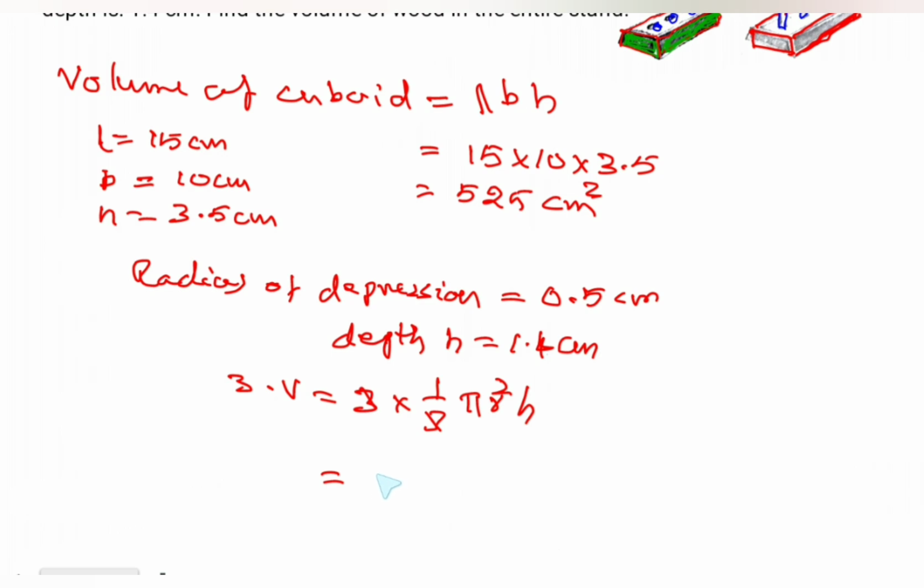So pi equal to 22 by 7, and r square is 0.5 into 0.5. The depth is 1.4 centimeters. So this equal to 7 into 0.2 times is 1.4, 0.5 into 0.5 is 0.25 into 22, that equal to, we will get 1.1 centimeter cube.